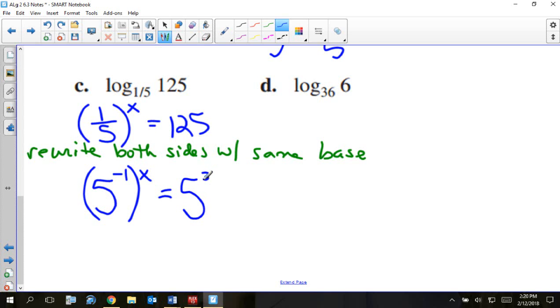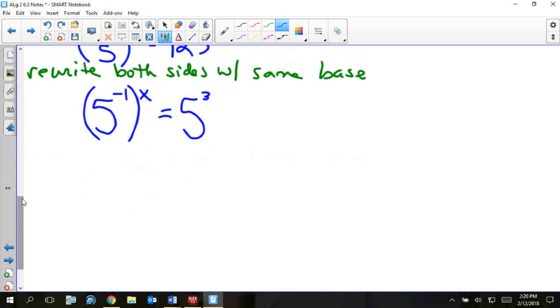Third is 125. I can simplify that a teeny bit. When I have a power to a power, I just multiply my exponents. So I have 5 to the negative x equals 5 to the third. Then I'm going to use what's called logic. If I have 5 to an exponent, and that equals 5 to an exponent, the exponents have got to be equal.